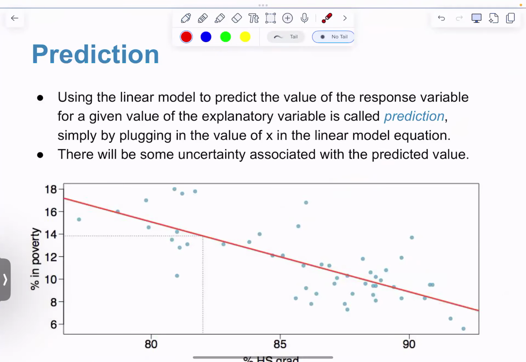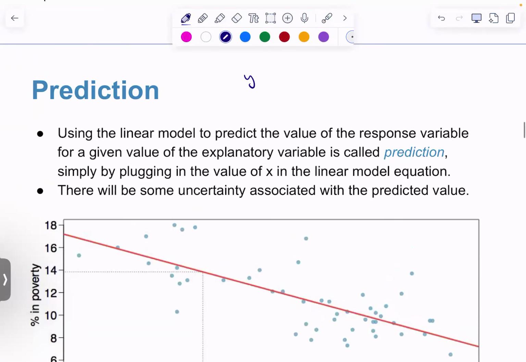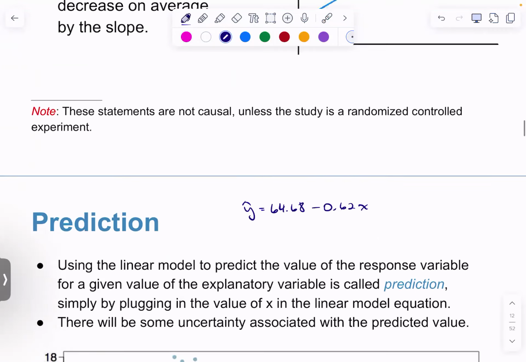So when we introduced regression, right, lines of best fit, we said, well, one of our goals is to model behavior and to make predictions, right? And so how do we make predictions? Well, if we have our equation, y hat is, what was it, 64.68 minus 0.62 times x.